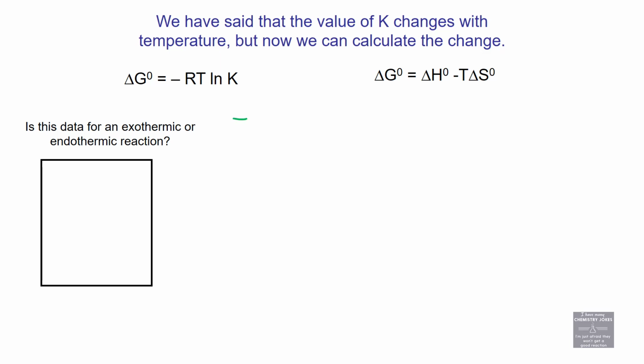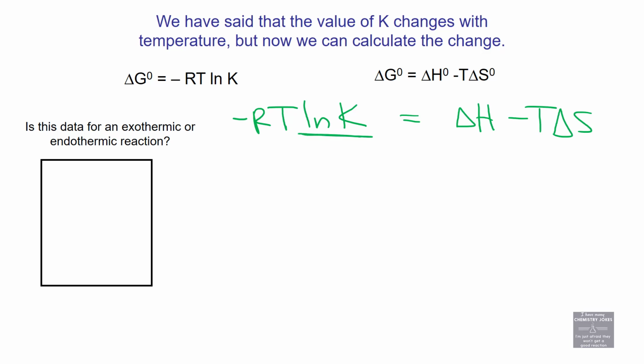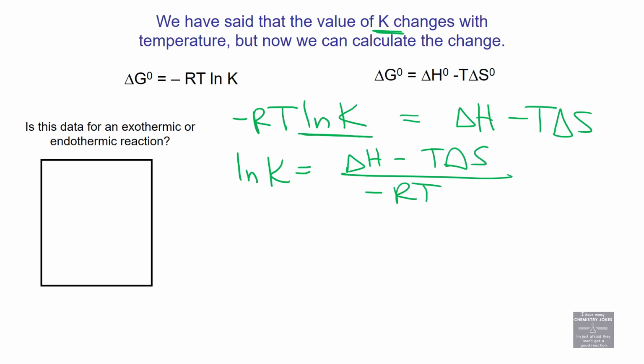If we set those two equal to each other, negative RT ln of K is equal to delta H minus T delta S. We can solve for this ln of K term to help us determine how K changes with temperature. So ln of K equals delta H minus T delta S over negative RT.